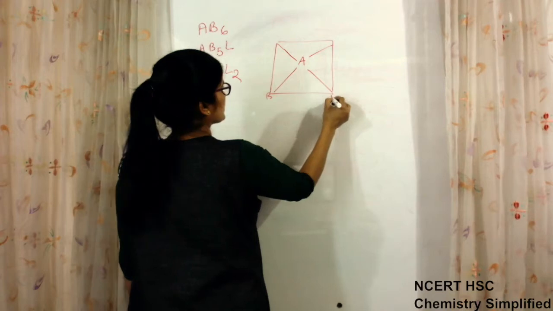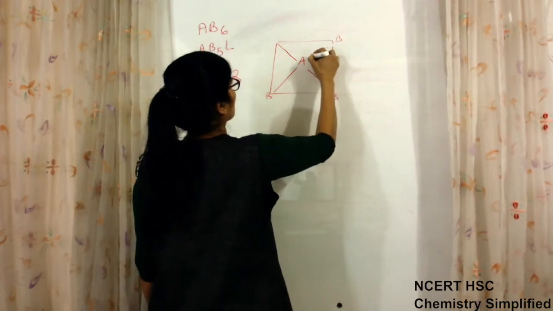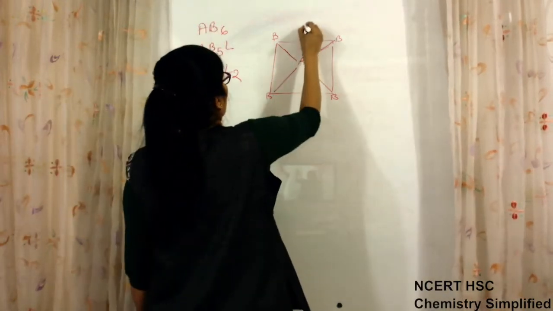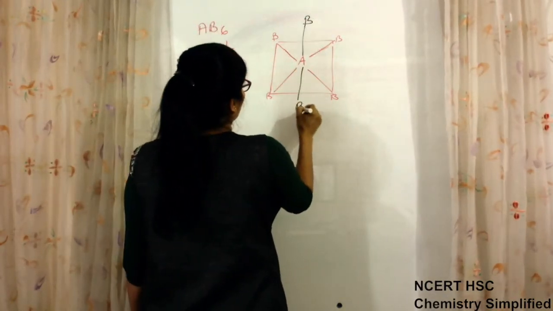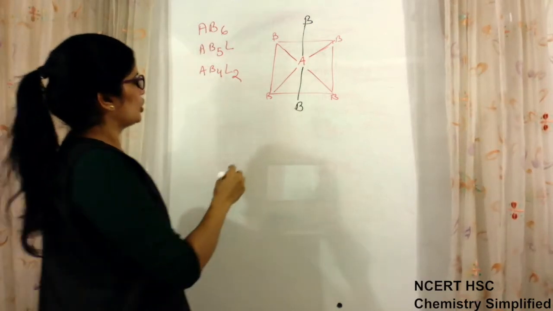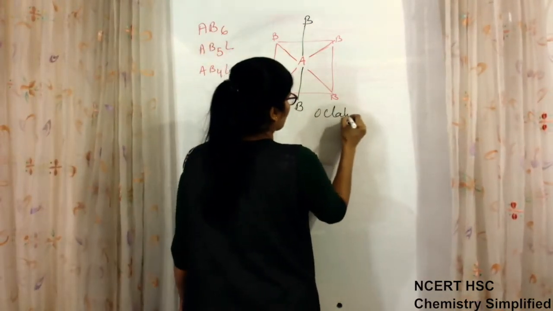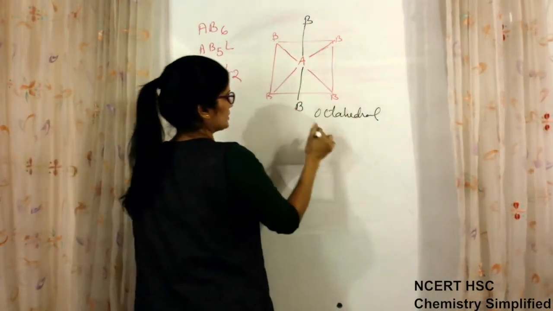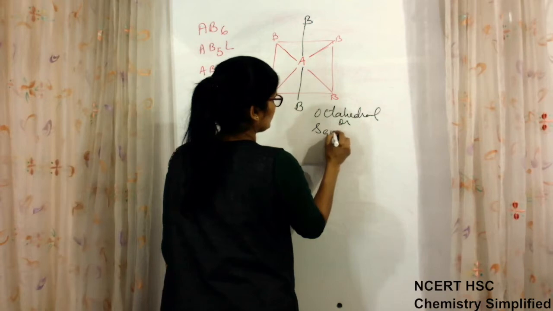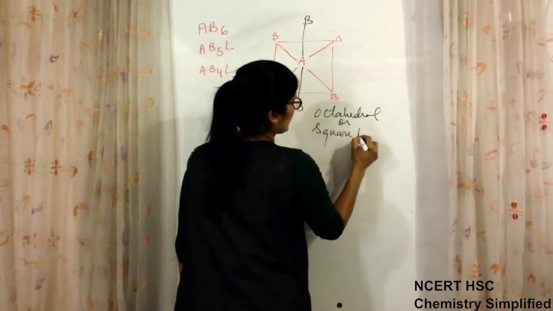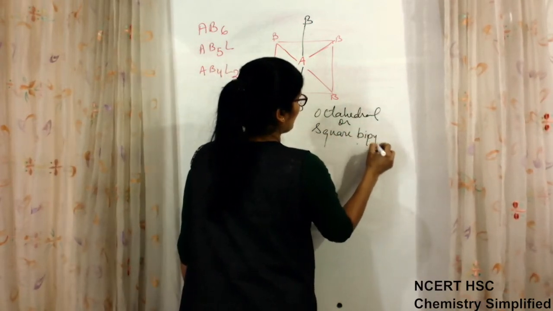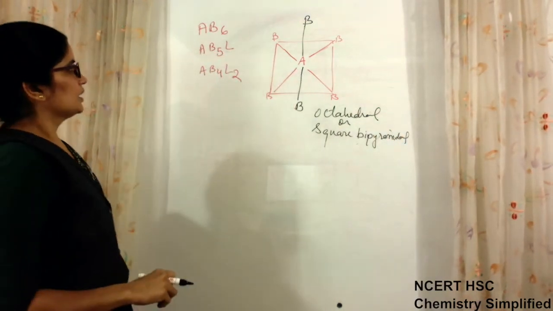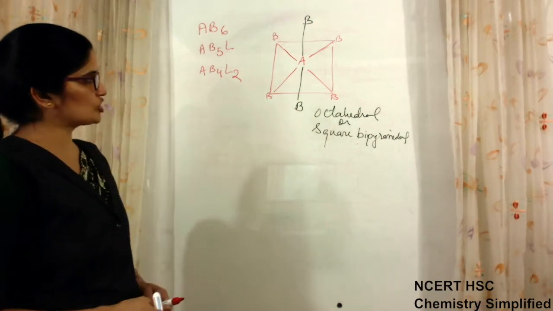This is B, this is B, this is B, and this is also B. And this is B and again B. This geometry is known as octahedral geometry, or this is also called square bipyramidal. Now we have to see the distortions to this.